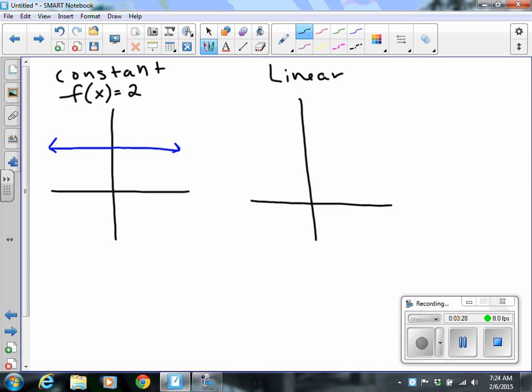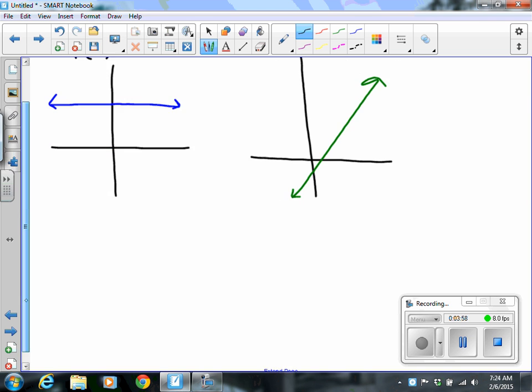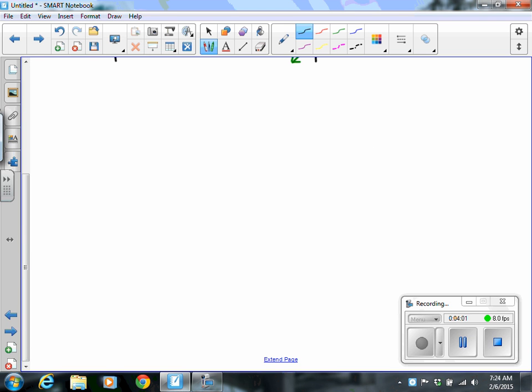A linear function, so let's say f of x equals 2x minus 1, is going to be a line. We already know that. So if you haven't picked up on this yet, the constant is a degree of 0, linear is a degree of 1. So we're just going to keep going in that fashion.